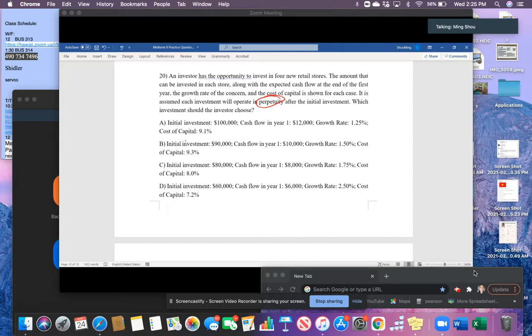How about we do option A. We do this one to calculate the NPV for A. The NPV would simply equal the present value of the benefit minus the present value of the cost.